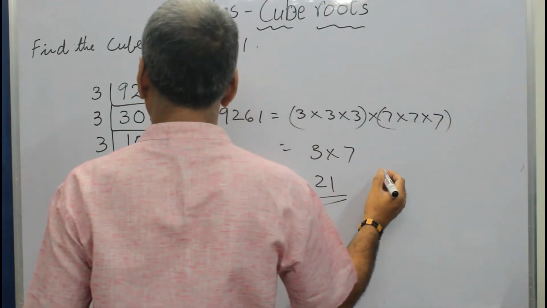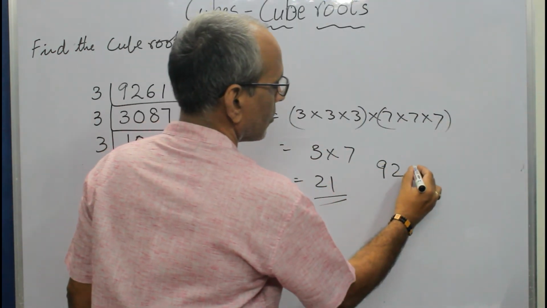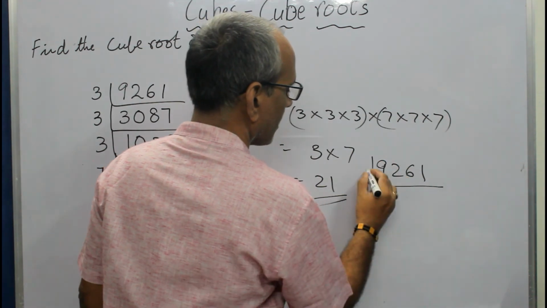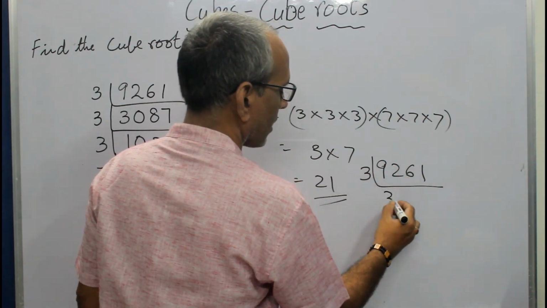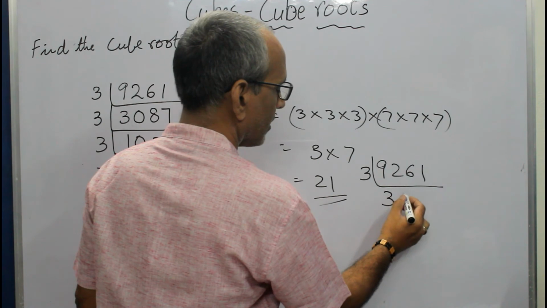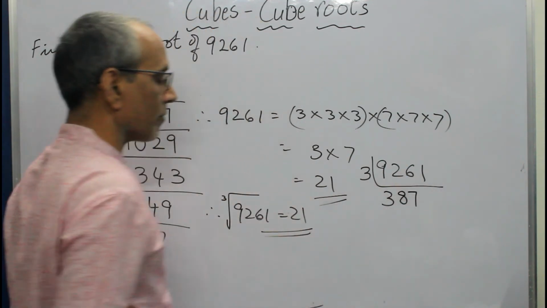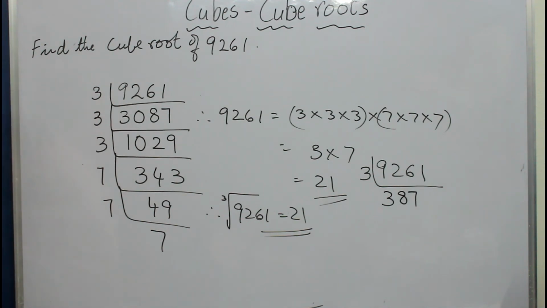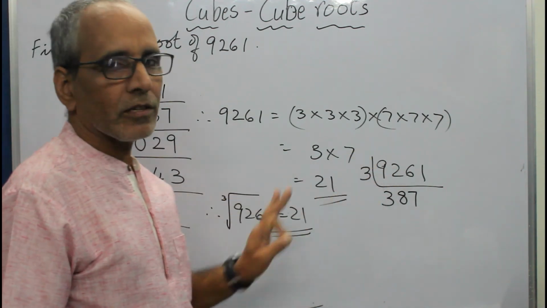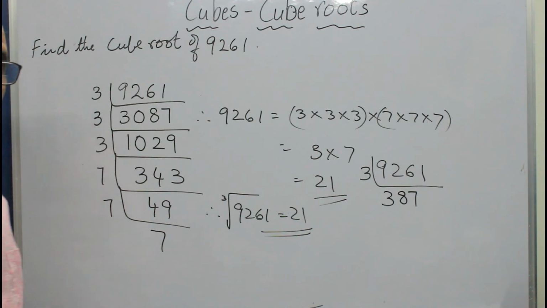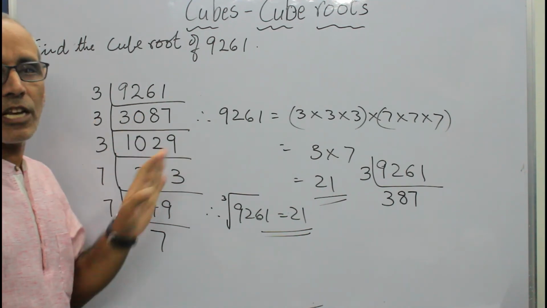See here, the number 9261. 3 3s are 9, in 26 they write 3 8s are 24, 3 7s are 21. They miss this 0. If you miss it here, you never get the factors. So be very careful. They deliberately give this type of numbers.